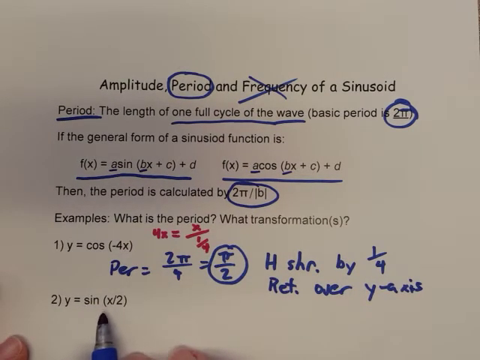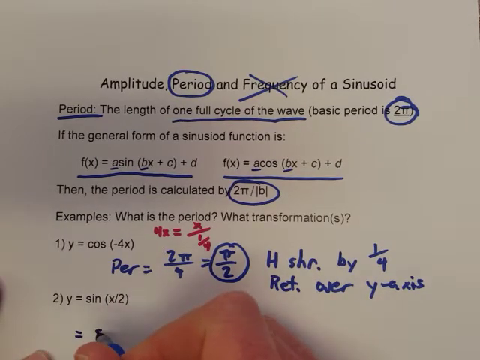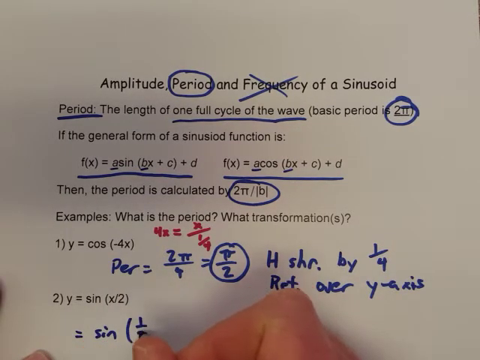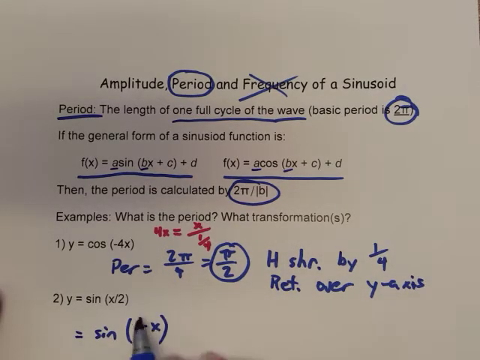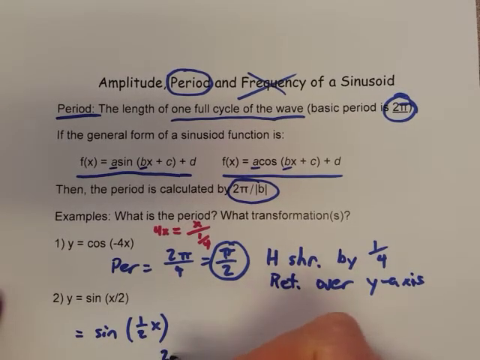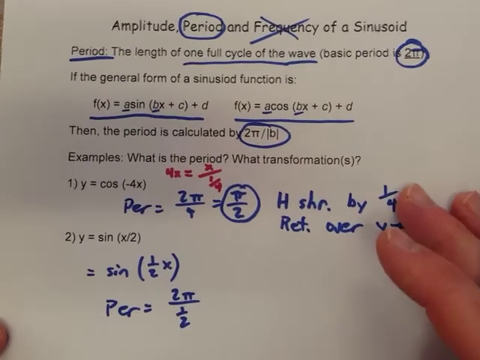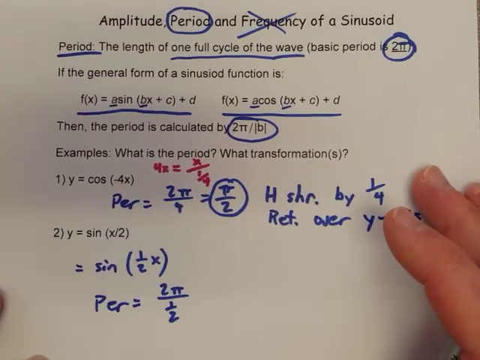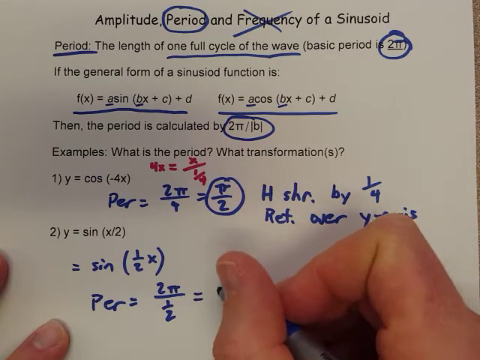Now let's talk about this next one, sine of x over 2. Well, another way to rewrite this would be sine of 1/2 x. And the only reason I say that is because then this is b and we can more easily calculate the period. So the period is going to be 2 pi divided by 1/2. And when you divide by 1/2, remember that is the same thing as multiplying by the reciprocal. So we do that, 2 pi divided by 1/2, or 2 pi times 2 is 4 pi.